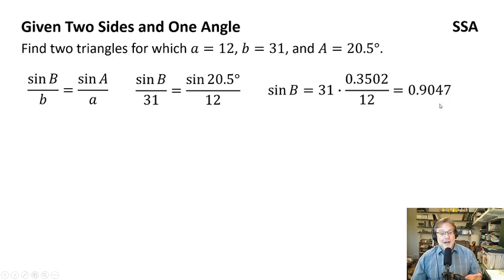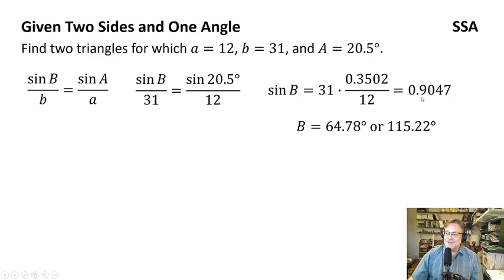Okay, it's not bigger than 1, so it's not impossible, so that's good. So we know that there is at least one solution here. But here we've got sine of B being equal to 0.9047, and it's true that the angle that gives that sine is 64.78 degrees, but there's a second angle that also gives this positive value of 0.9047.